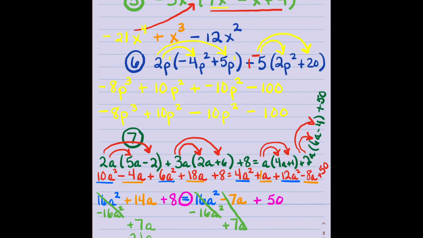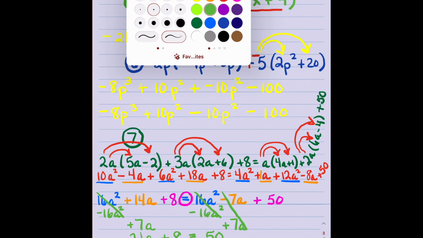And then let's go ahead and bring down this plus 8 equals, and what's left on the other side is a 50. I kind of did 2 steps because that minus 16a squared just did so much canceling. I kind of did 2 steps before I simplified it all up.